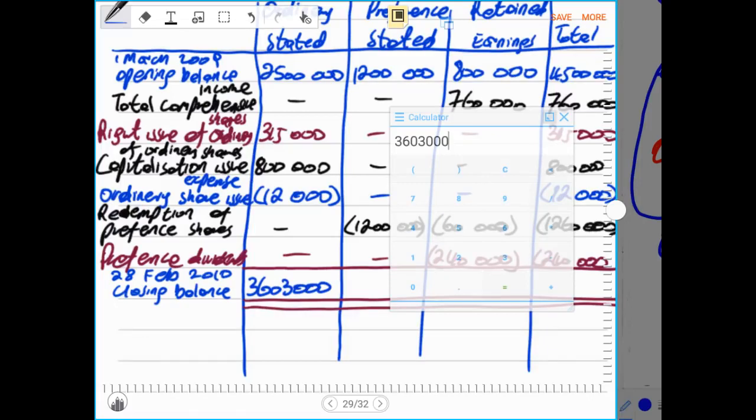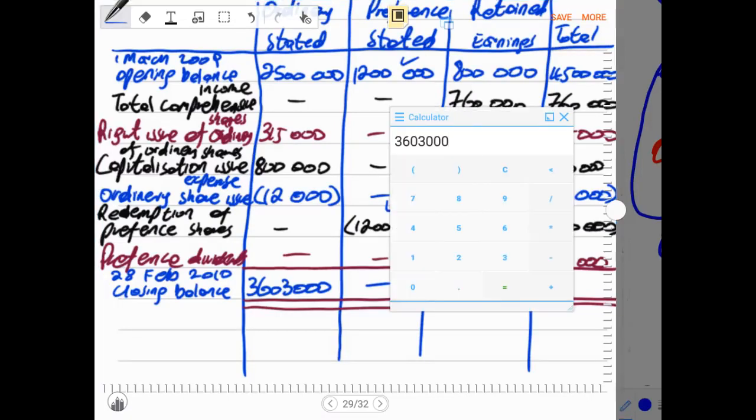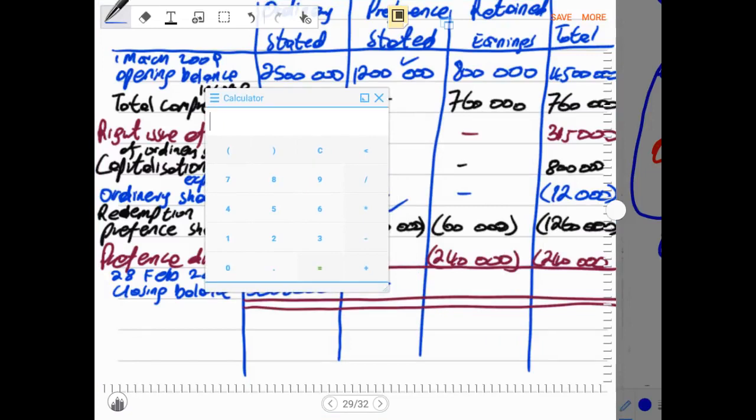With regards to preference, all of them were redeemed. So 1,200,000 less 1,200,000, there is nothing at the end. Then under our retained earnings is 800,000 plus 760,000 minus 60,000 minus 240,000 preference dividends.